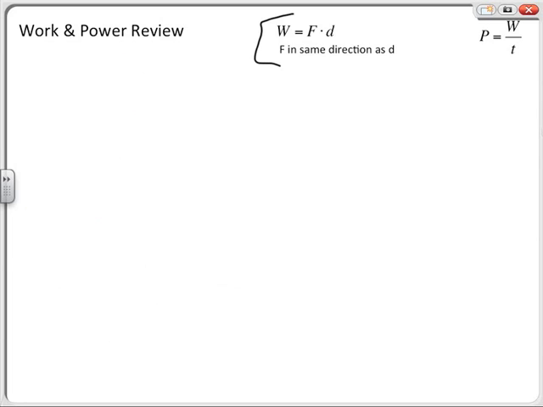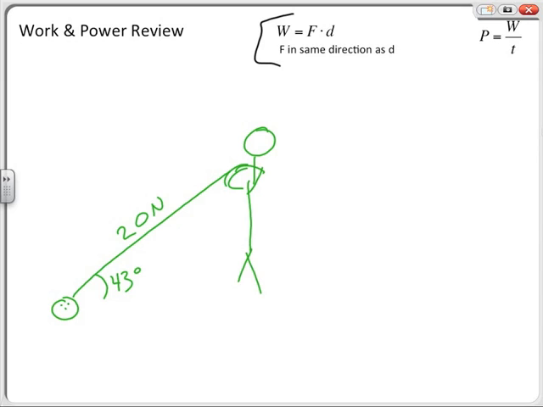Let's just do one last little problem. This time I'm going to have my bowling ball sitting over here, and I've got it tied to a rope like I had in class. And I'm going to say that I have to pull in such a way so that this is 43 degrees and there's 20 newtons of tension. So I'm sitting here, pulling the bowling ball over my shoulder, and I'm just going to walk this way.